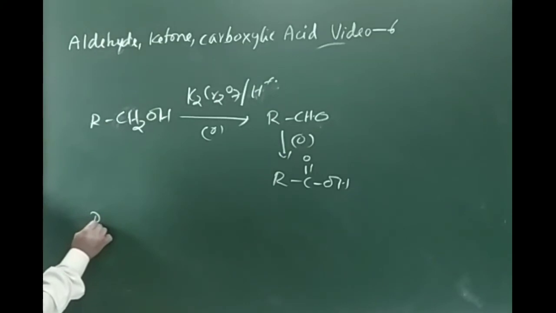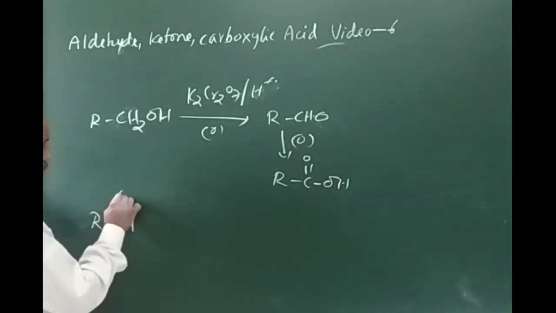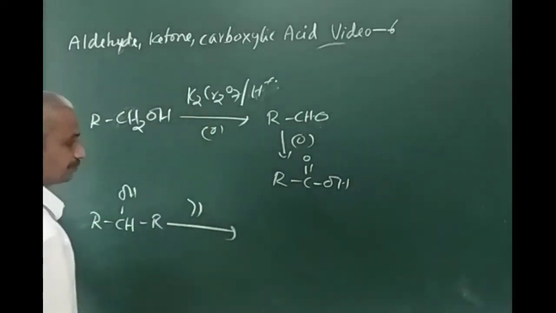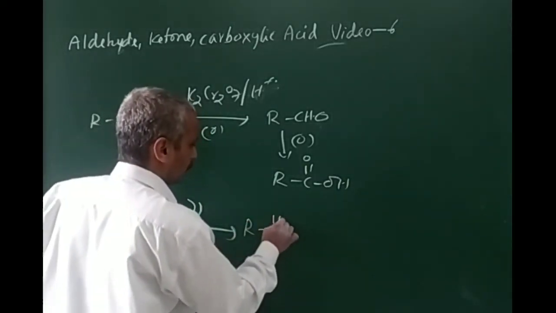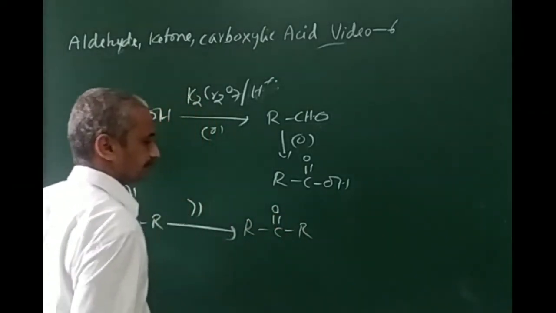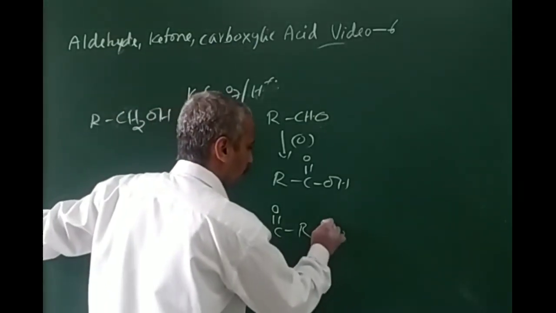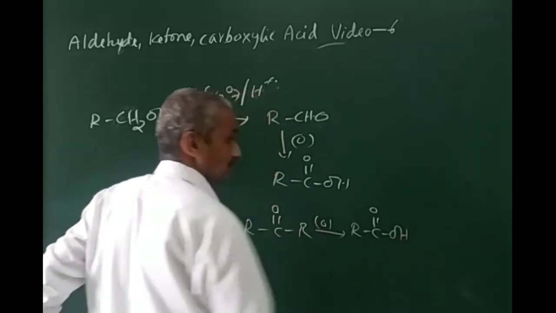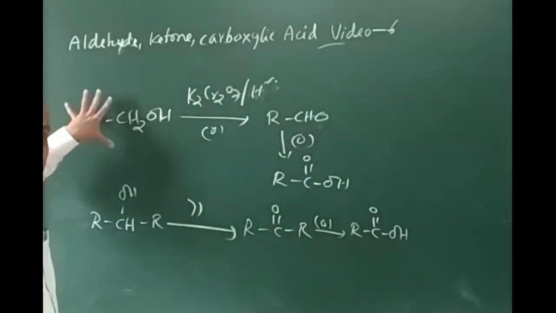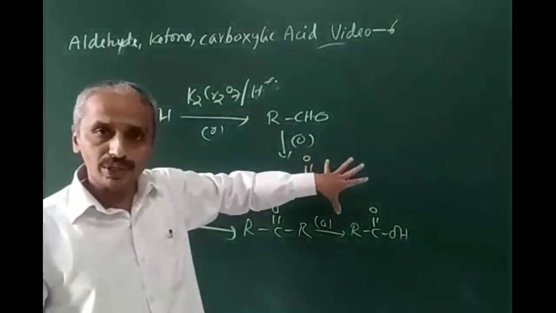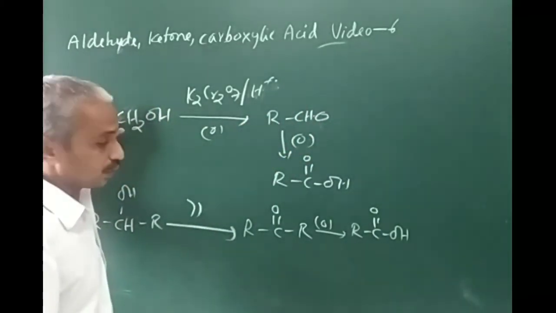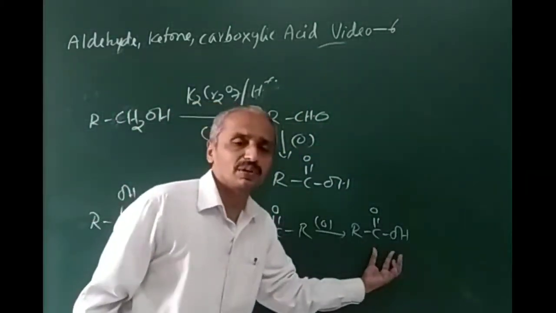If the secondary alcohol is RCHOHR, the same reagent, then I am going to get RCOR. Then this will undergo oxidation and I get RCOOH. Primary alcohol gives the carboxylic acid with the same number of carbon as in the alcohol, whereas here less number of carbon will be there.